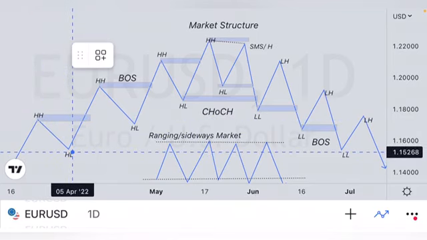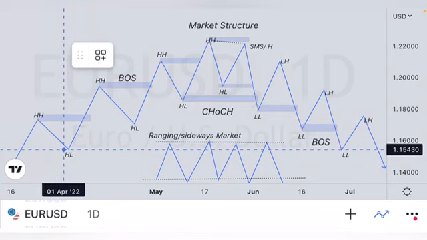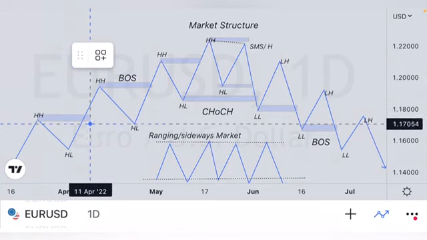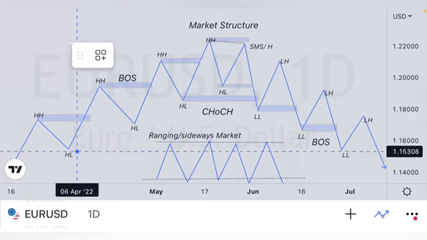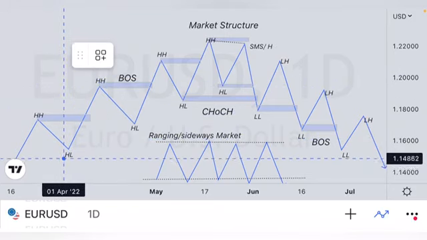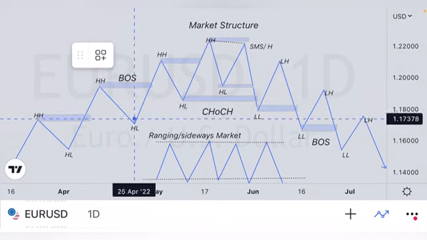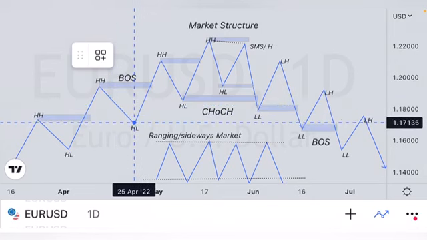It doesn't give you that impulsive move to catch a lot of pips, while higher highs give you good pips. You can see that the move that creates the higher high moves sharply, in a bigger move than the lower high in an uptrend.